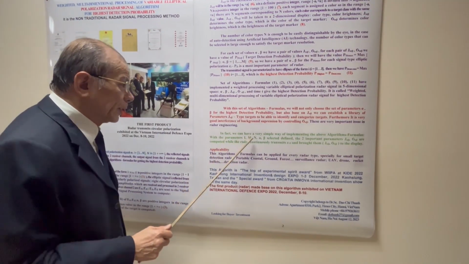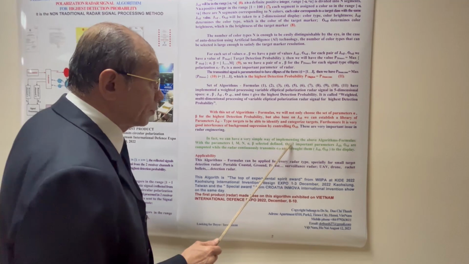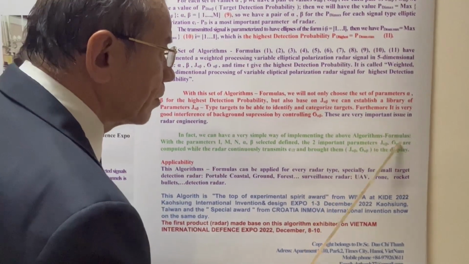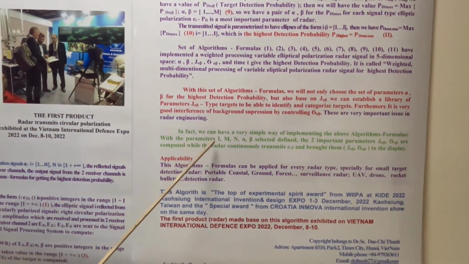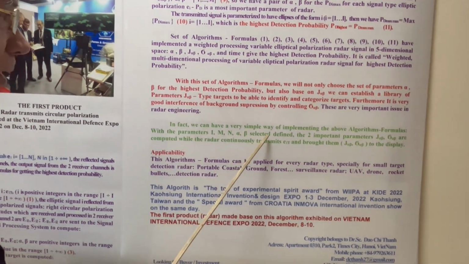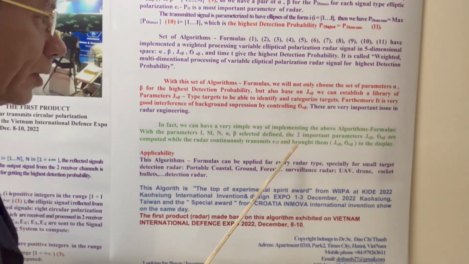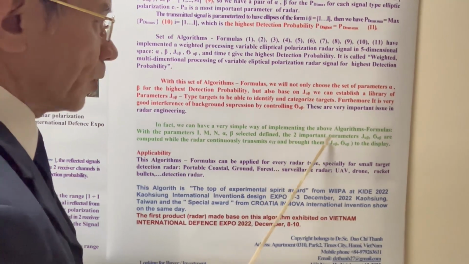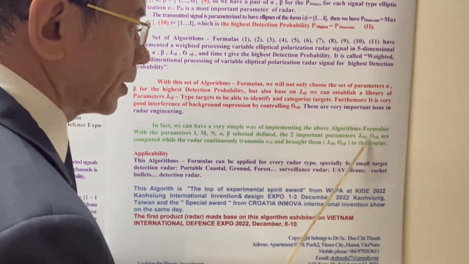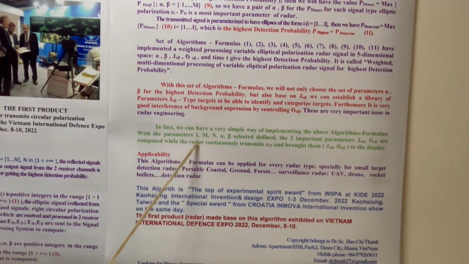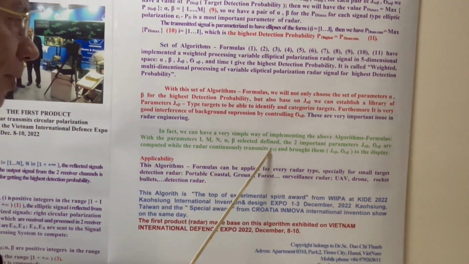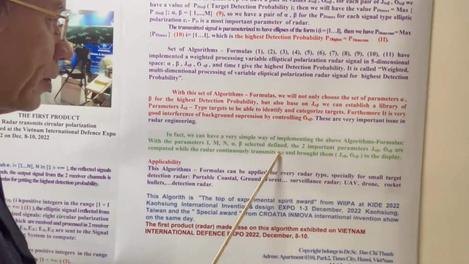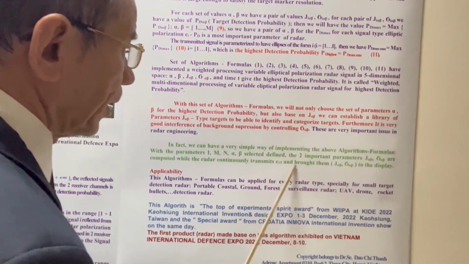In fact, we can have a very simple way of implementing the above algorithm formulas with the parameters alpha, beta selected. And the two important parameters, G alpha beta and sigma alpha beta, are computed while the radar continuously transmits the EIT signal and brought to the display.